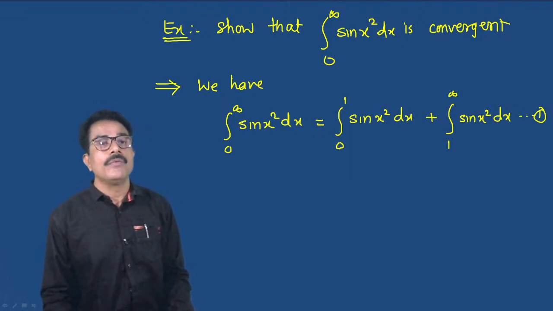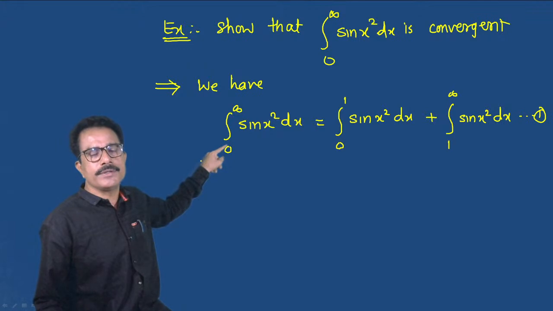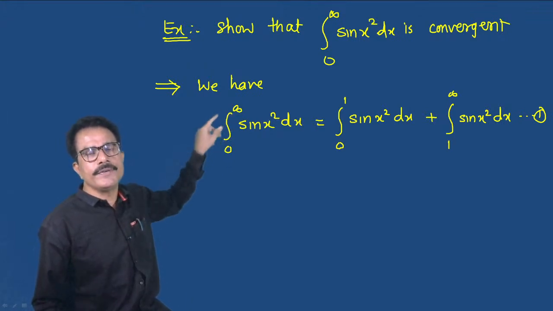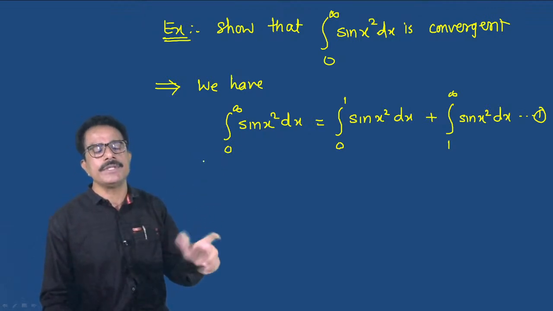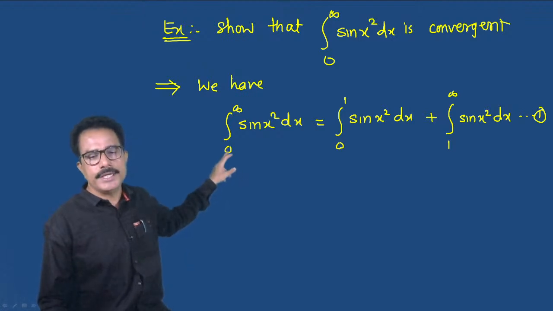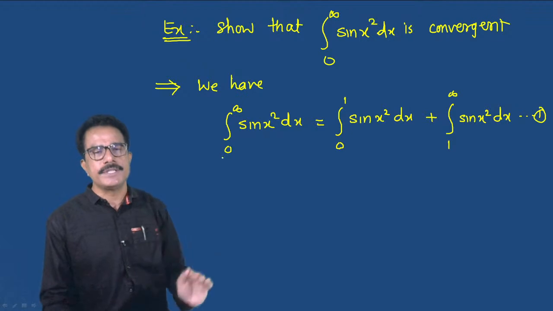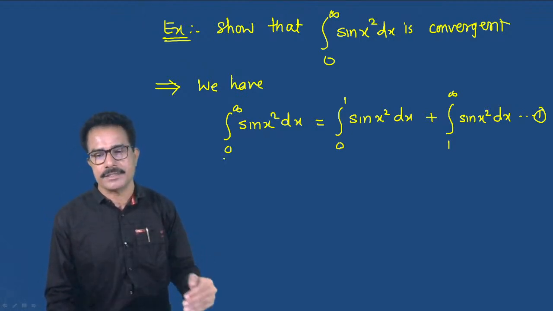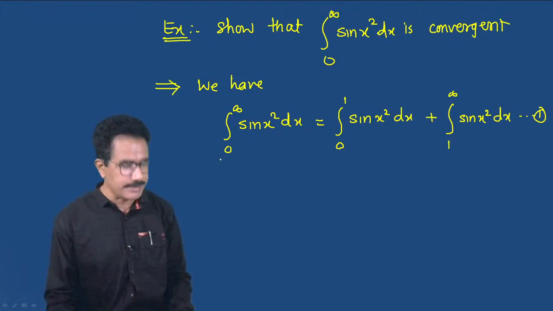So now we have to distribute this lower limit 0, upper limit infinity, by adding a point 1 in between 0 to infinity. So integral from 0 to infinity sin of x square dx is equal to integral from 0 to 1 sin of x square dx plus integral from 1 to infinity sin of x square dx.